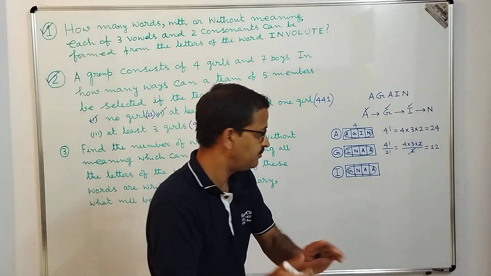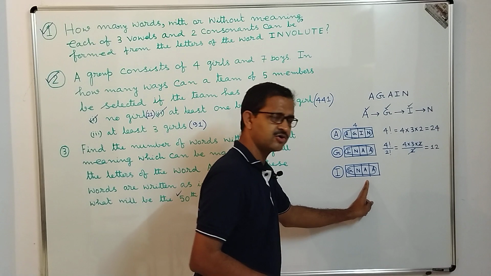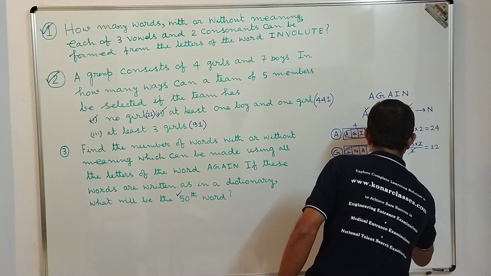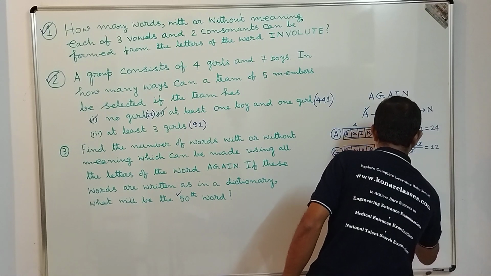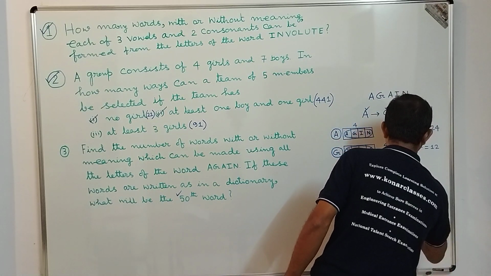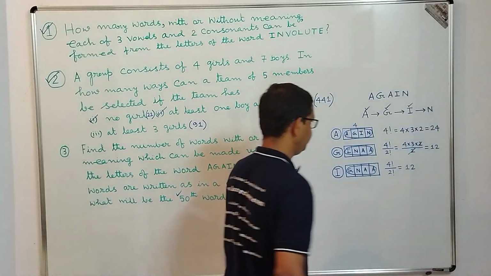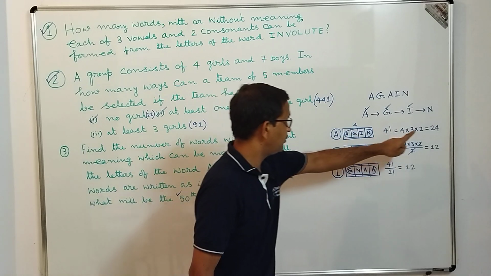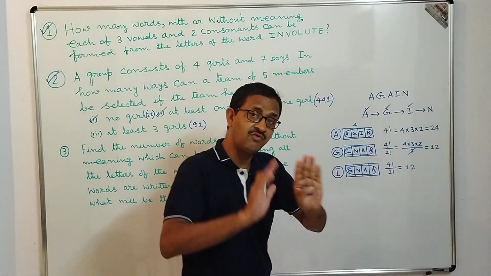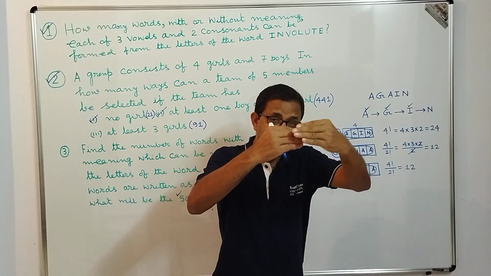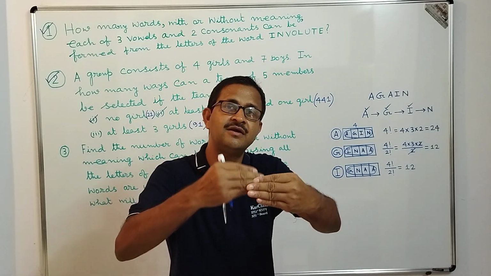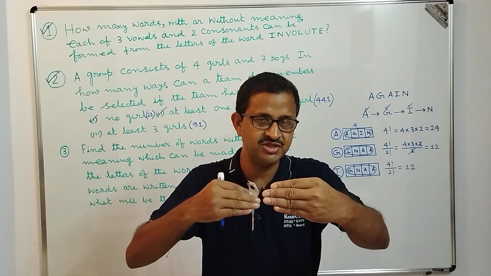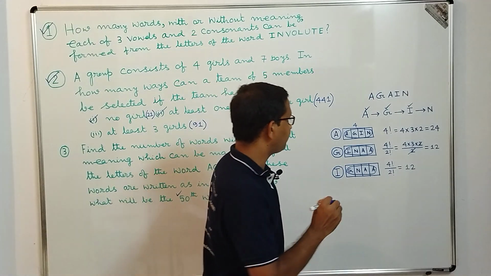How many ways can we do it? It is 4 factorial divided by 2 factorial, the same way as starting with G. What is the value, dear students? You already found it in the previous step, it is 12. So for how many words have we listed so far? It is 24 plus 12 plus 12, that is 48. That means in lexicographical order, the way letters are listed in the dictionary, it will be 48.